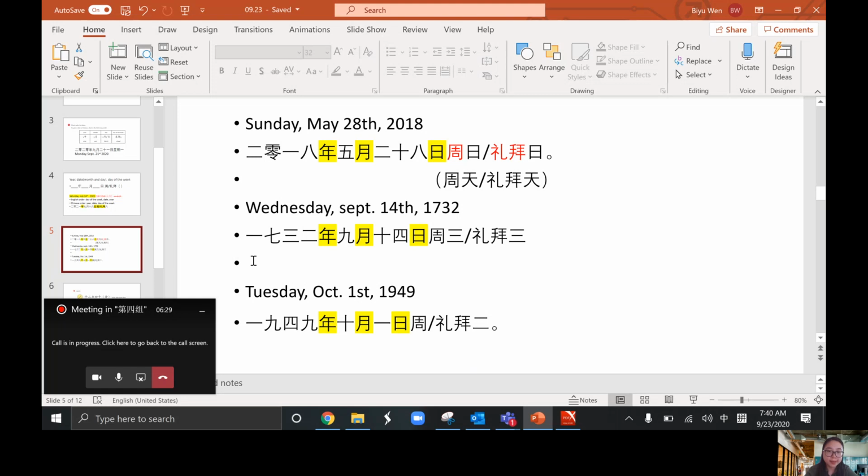好, and the next one is 1732. That will be 1732年, September 9月, and 14th 14日, and Wednesday 周三 or 礼拜三. And the last one will be 1949 October 1st Tuesday.